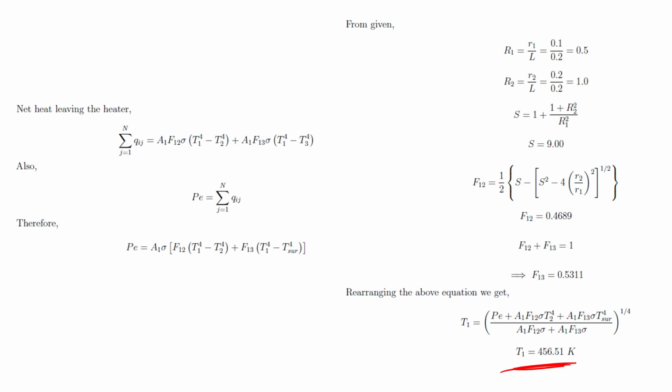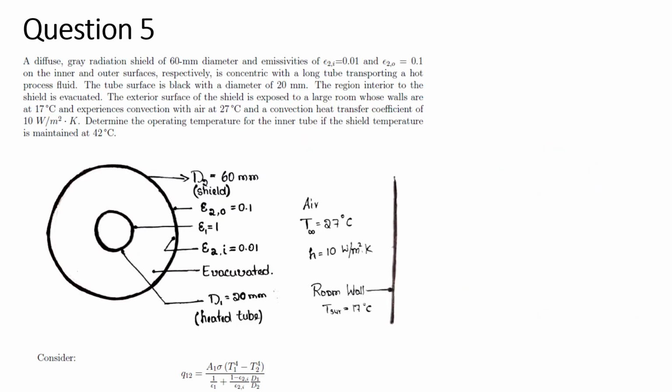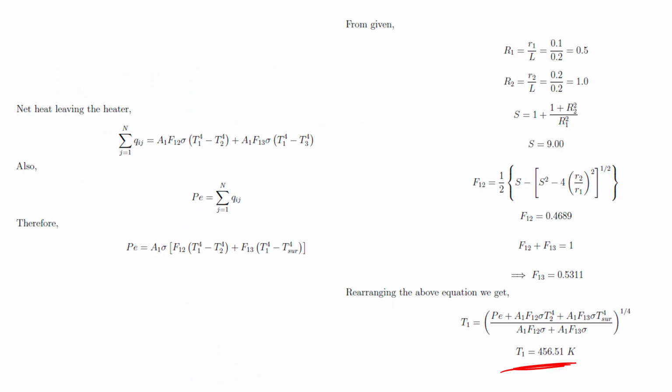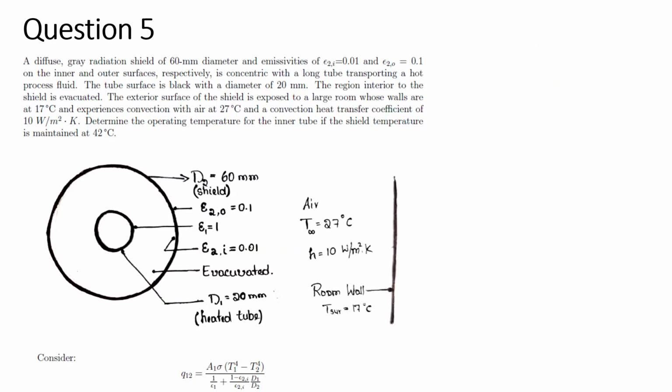So if you have any doubt in this question, you can ask me, or else let's try solving question number 5. So again, read this question number 5. This is again similar to the previous questions, whereby we had used this energy balance in order to find the temperature.